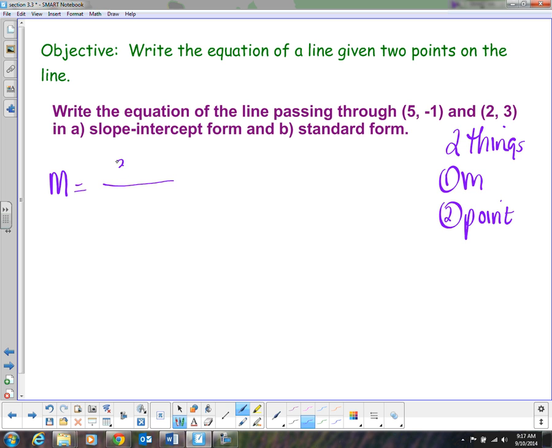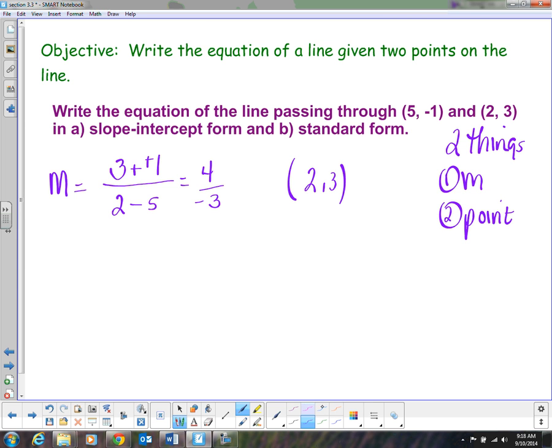Which one? 3 minus over 2. Okay, so that's going to be plus positive, or 4 over. Okay, so now we have our slope. Now you have 2 choices. It does not matter which one you do, it will result in the same equation, part A, part B. What are we going to use? 2, 3. Okay.